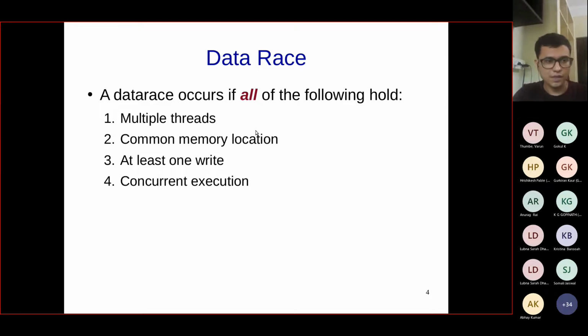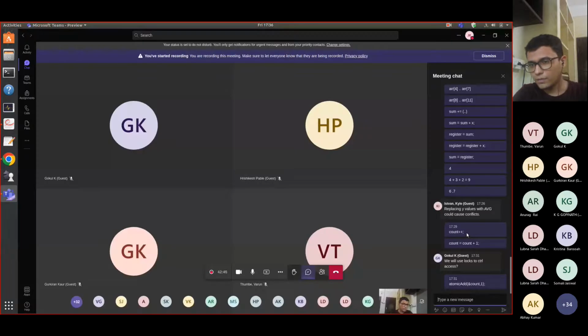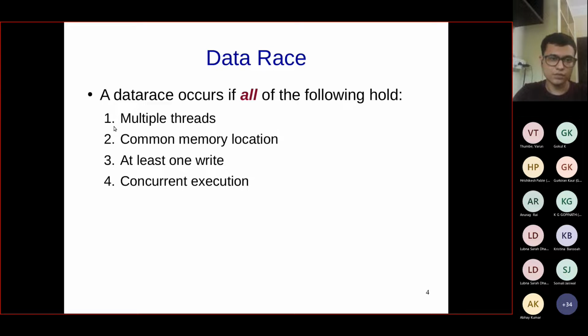In our previous example, the common memory location they were updating was the variable count or the variable sum. So there were multiple threads, and there was a common memory location, which was sum or count.